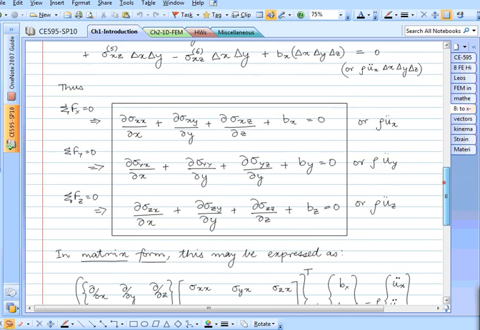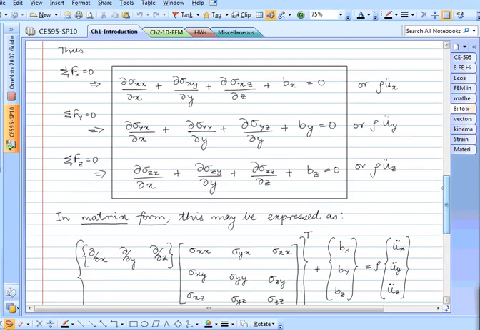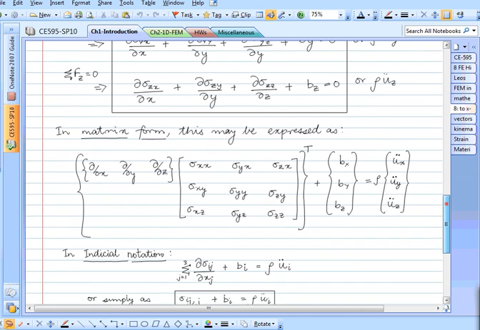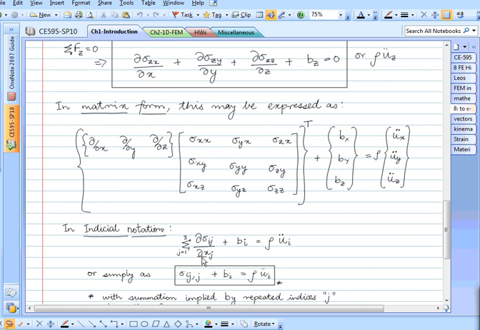So another point here that I like to make is, now if you are not familiar with tensor notation or indicial notation, you can use any notation you want. But really, it's up to you to see that, if you don't use indicial notation, if you don't use tensor notation, you will have to write out three equations. A short way of writing the same three equations is using this. So just plug in the values of i and j. i and j are just indices that denote x, y, or 1, 2, 3, and so on.